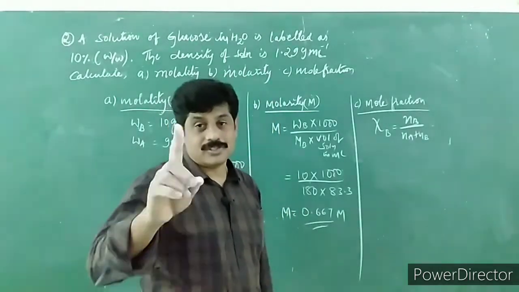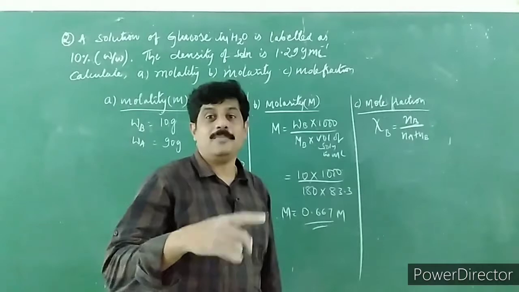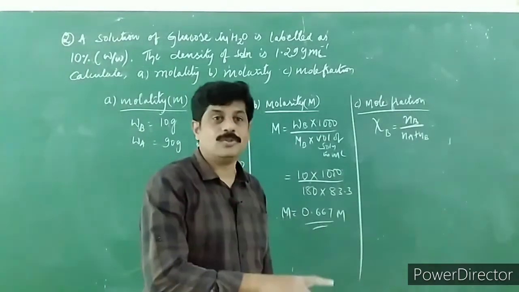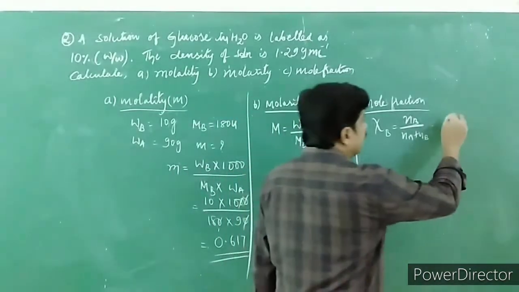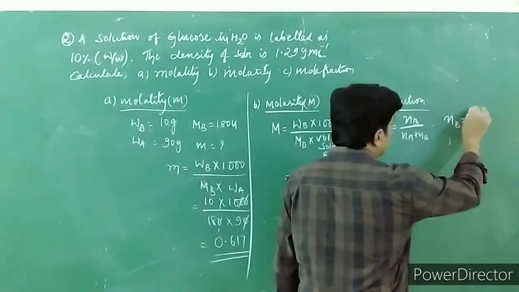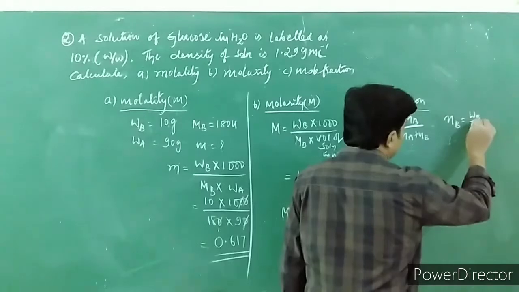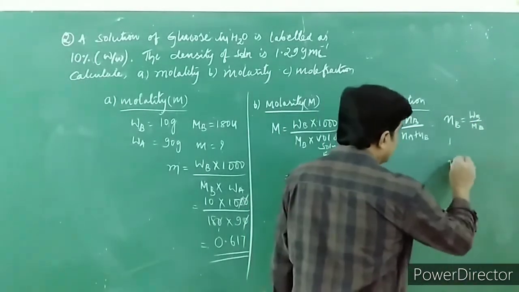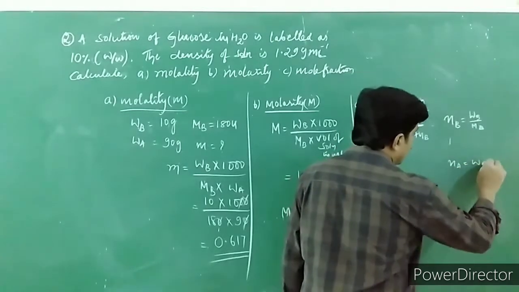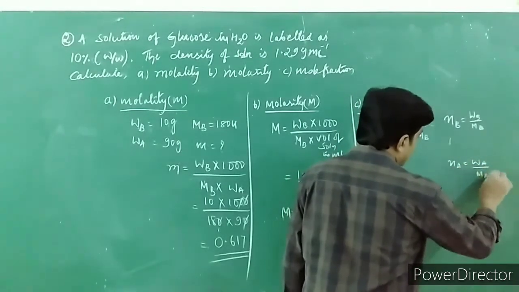For this, children, first you need to calculate the number of moles of glucose as well as the number of moles of water. Look here. Nb is equal to Wb upon Mb, and similarly Na is equal to Wa upon Ma.